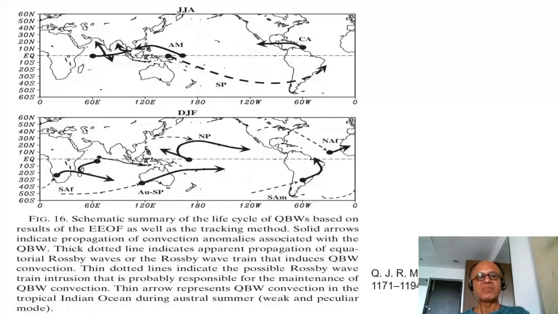Okay, so you can read up the paper, but as I said before, these are basically taking observations, filtering them, finding the time scales, and then explaining consistently what is observed.